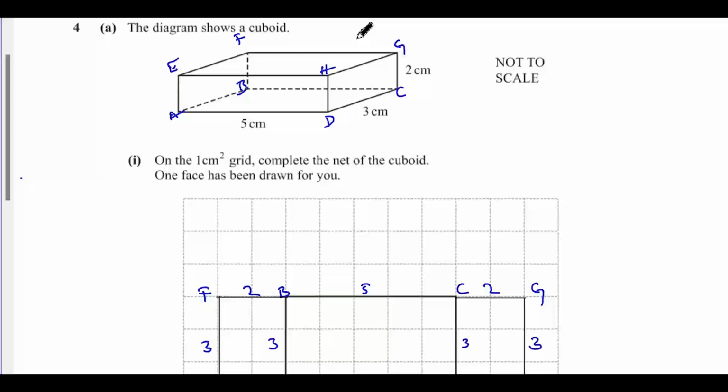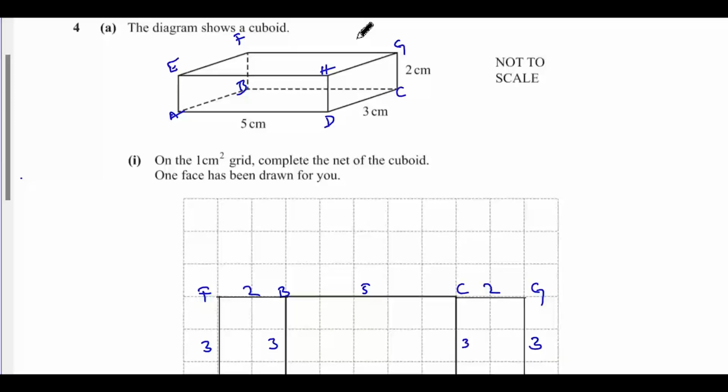So E, F, G, H will be facing up vertically like this. So by that time, you are having 2 faces. So at the bottom, we have A, D, H, E, and on top we have E, F, G, H.